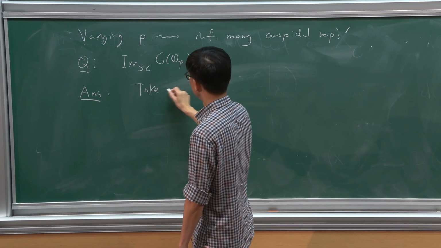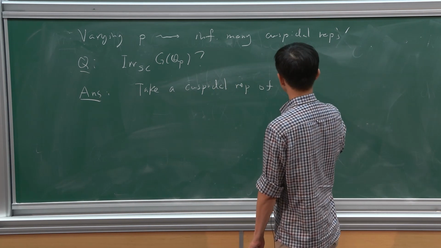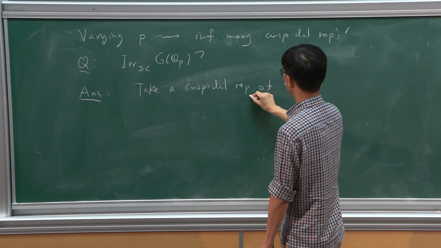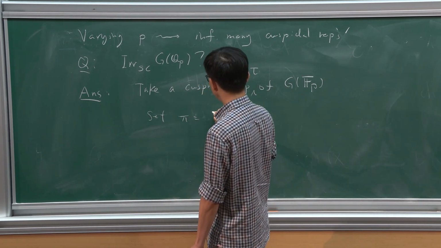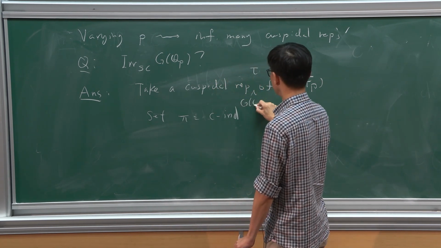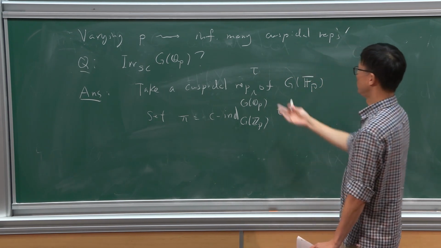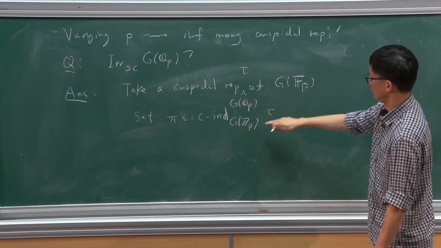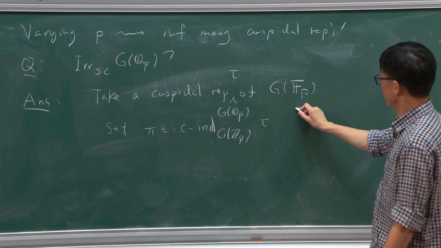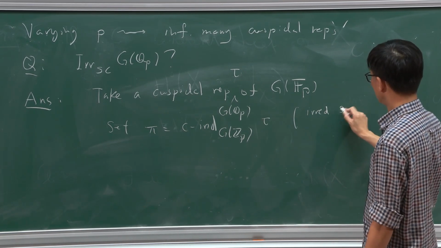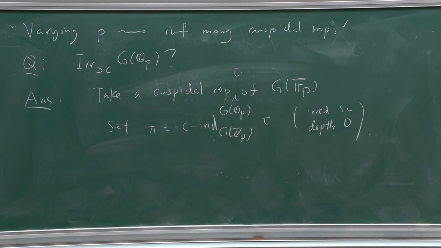I guess the simplest way to do that is to take a cuspidal representation of GL2(F_p), let's call it tau, and then you set pi to be the compact induction of tau. You can pull back tau to GL2(Z_p), that's a surjection, and then you do compact induction. And this thing is an irreducible supercuspidal of depth 0. So there are supercuspidals of depth 0.